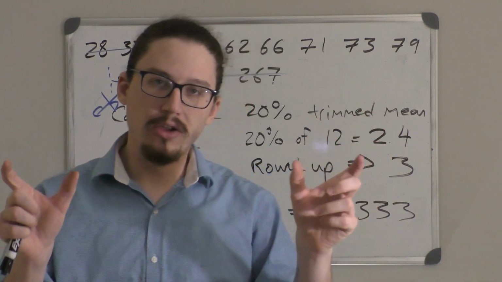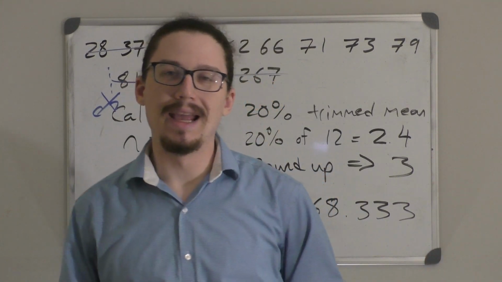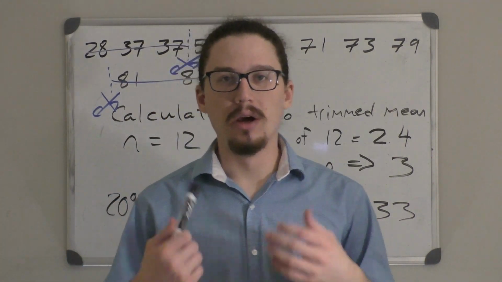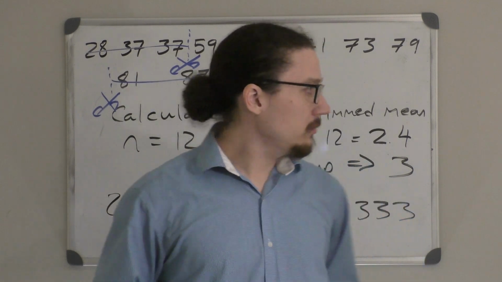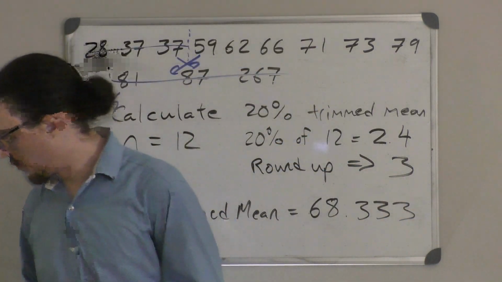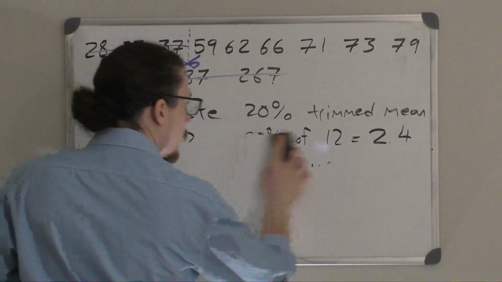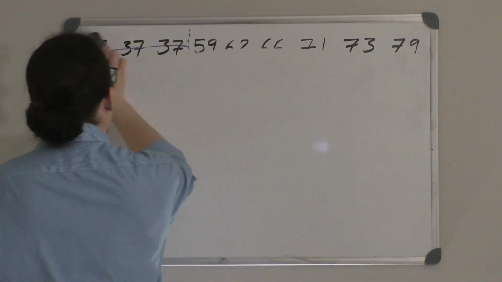We always round up. Then we remove that number of values. In this case, it was 3. We rounded up from 2.4 to 3, taking the 3 highest and the 3 lowest values, removing those, and then taking an arithmetic mean with what's left. That is how we do our trimmed means.